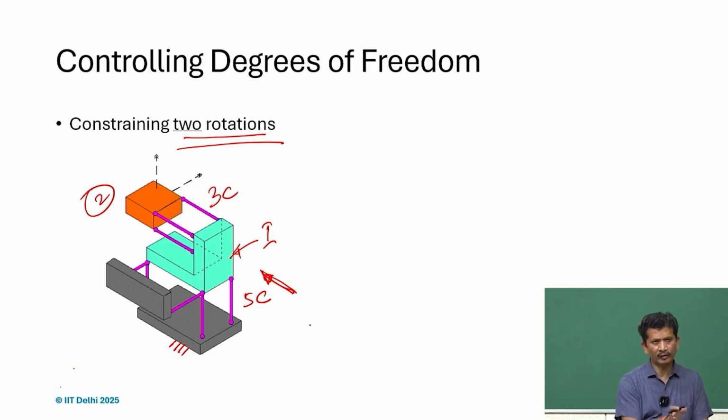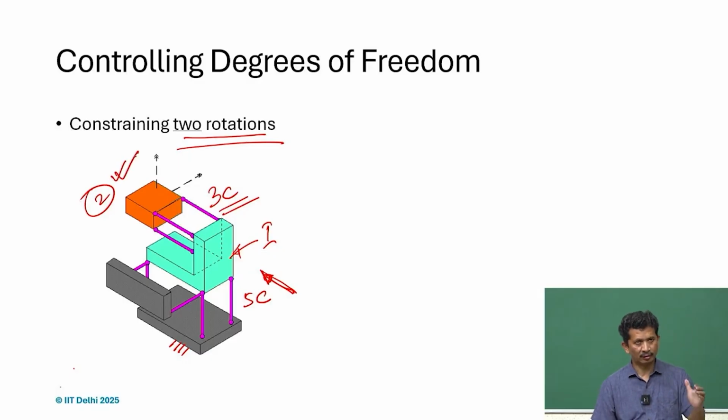And now, if we go from the intermediate body to the orange body, 3 constraints are there. So, there are 3 DOFs and it can move in the plane, and ultimately what we will find is that the orange body with respect to the frame will have only 2 rotational constraints.